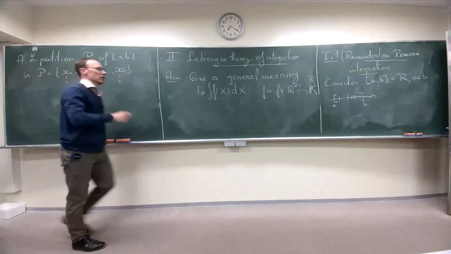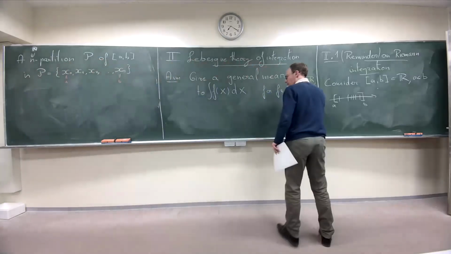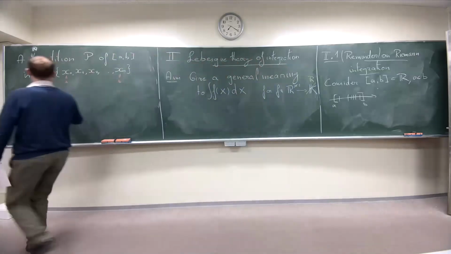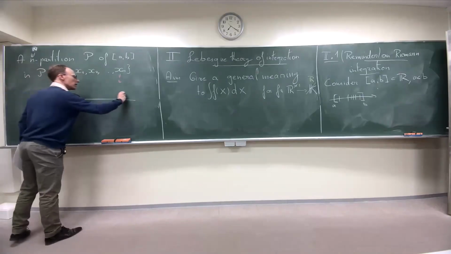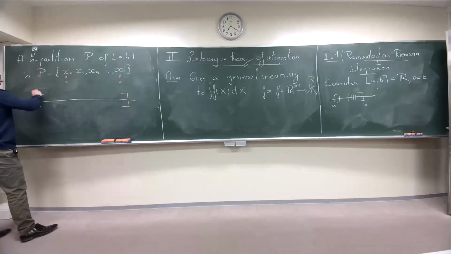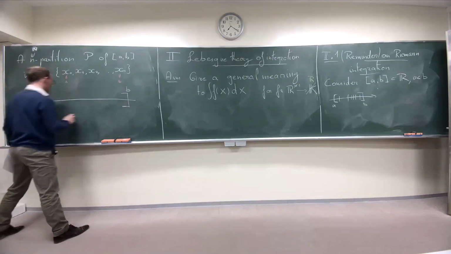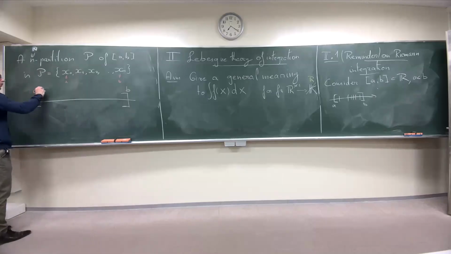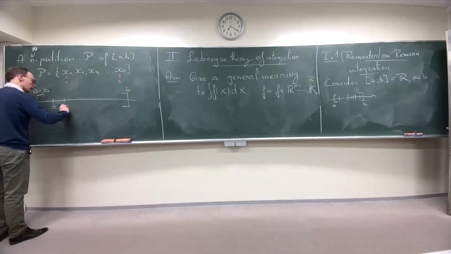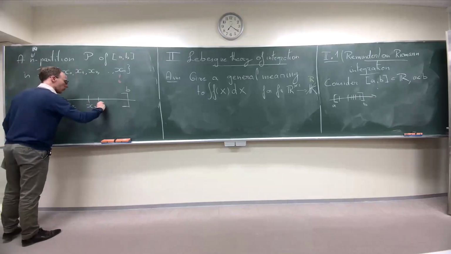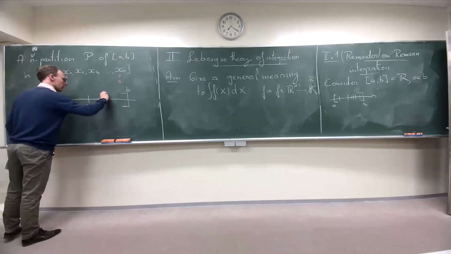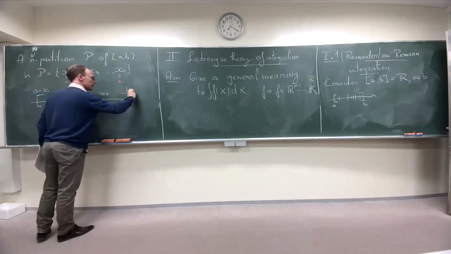So on this picture, I'm simply, oh, let me do it bigger. A partition is this. We have A, we have B, and I call A also x0. I'm choosing x1, x2, x3, x4, x5, and let's say x6.